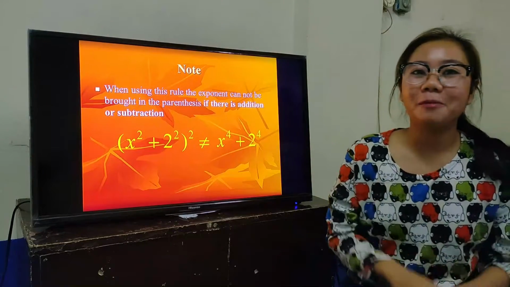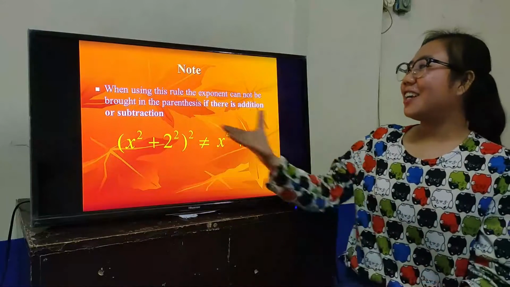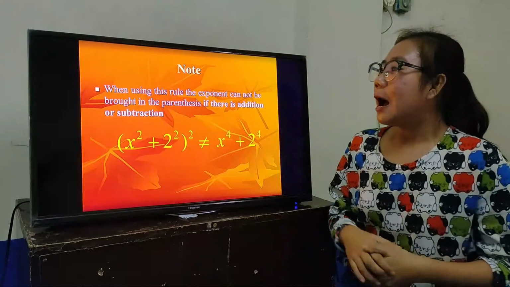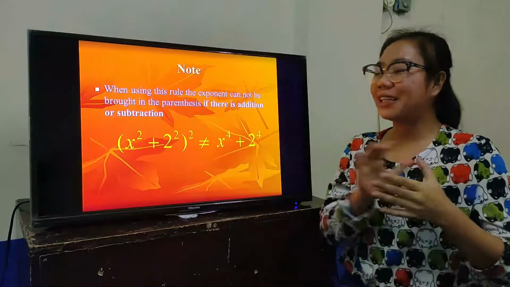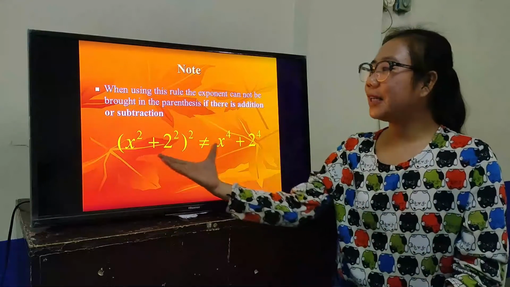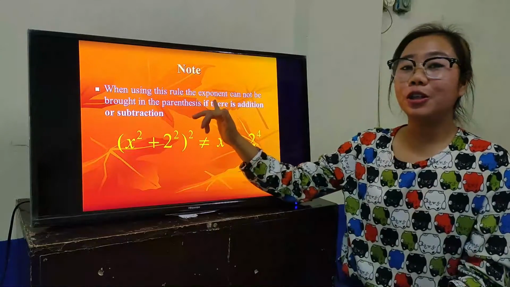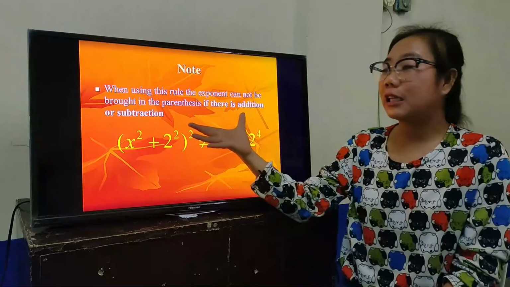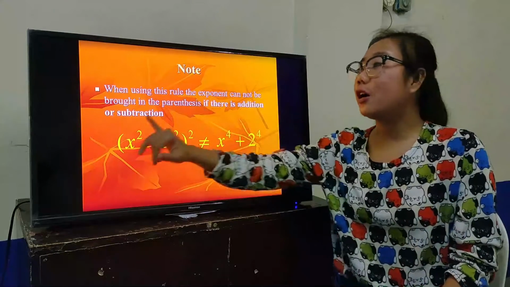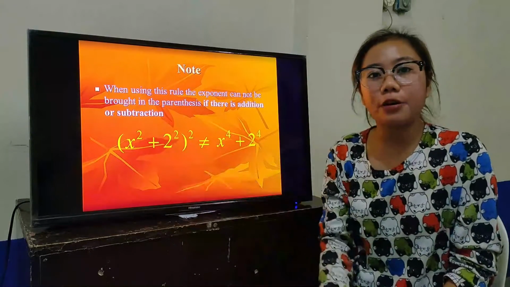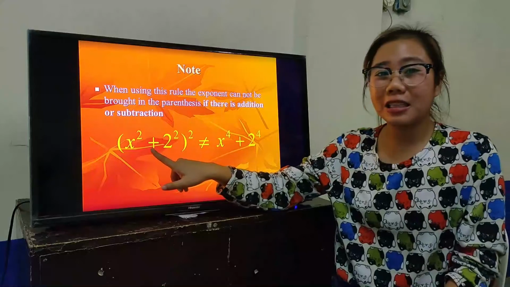Exponent rule number 4. But before that, we have a note here. Ma'am, paano kapag ganito? When using this rule, the exponent cannot be brought in the parentheses if there is an addition or subtraction operation. Ito yung addition operation natin.